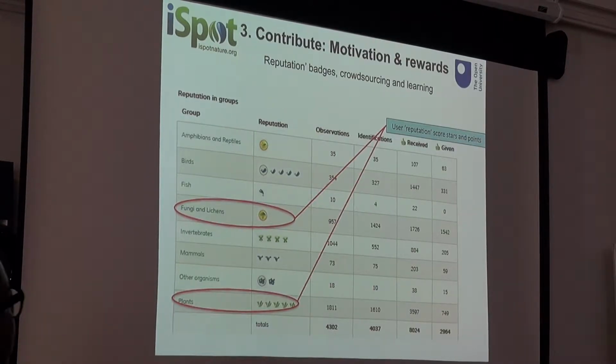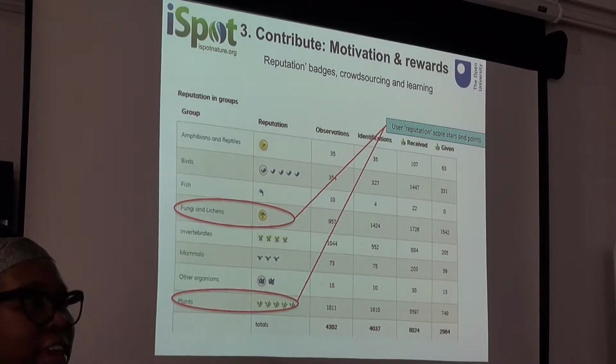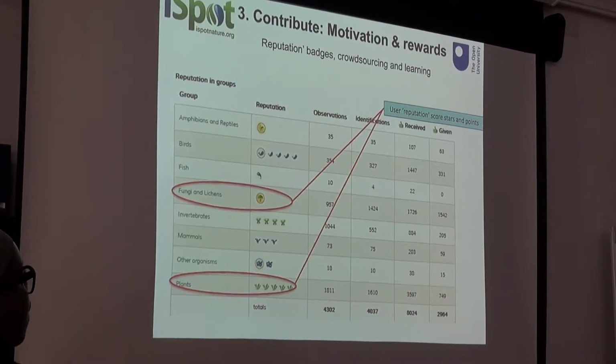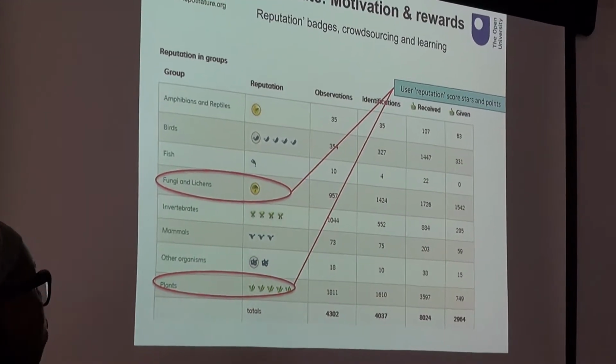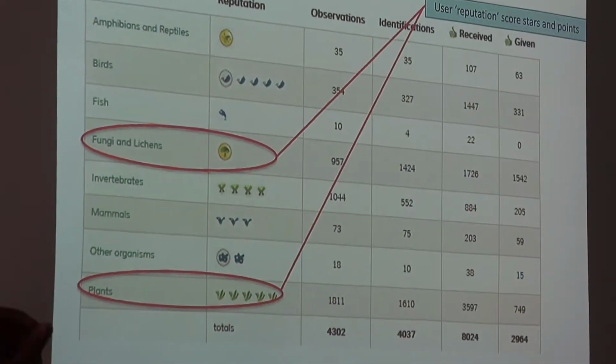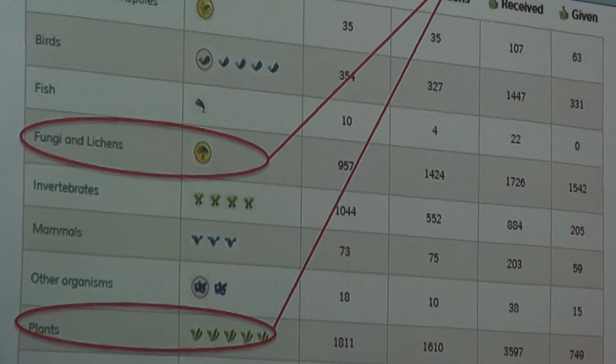So let's move on to step 3, contributing. And this is what really gets people going, the sort of gamification approach. One of the things that iSpot has is a very unique reputation system, which, as I mentioned, badges you based on your organization link if you're an expert, and also badges you as you use the site in terms of building your knowledge on specific areas.